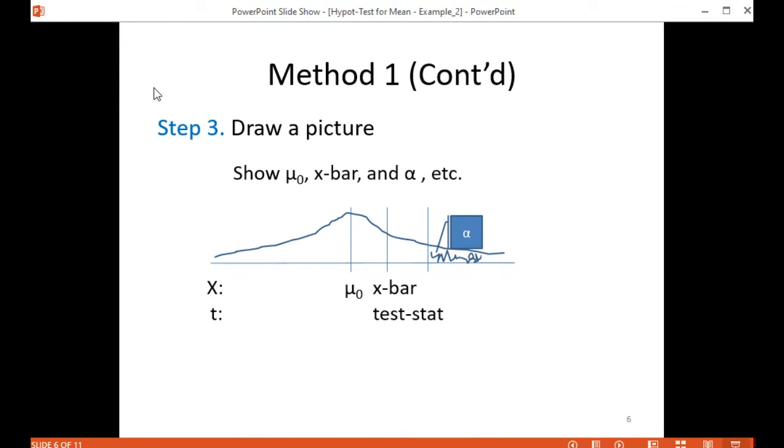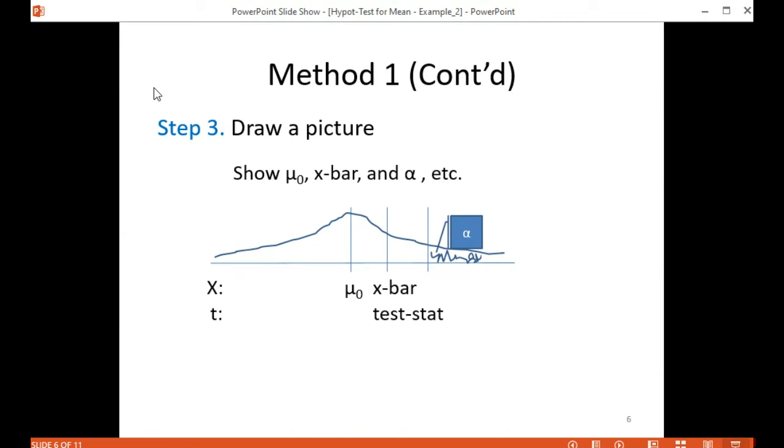So now let's put in the axis scale. So there's a t-axis and there's an x-axis. The x-axis is the data value. So the data value here is mu0 in the middle, and x bar is where we have calculated a new mean. So it could fall anywhere in this picture.